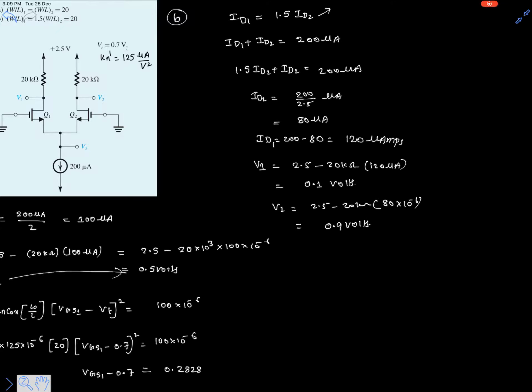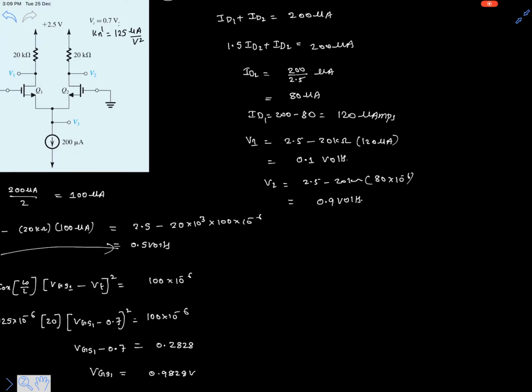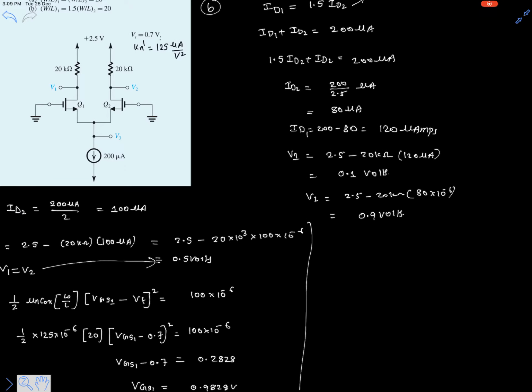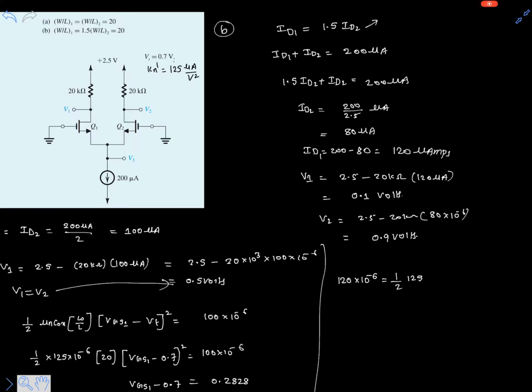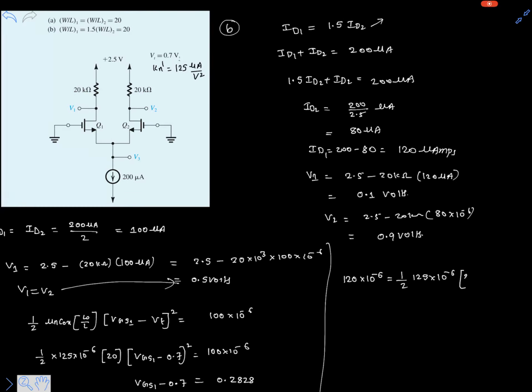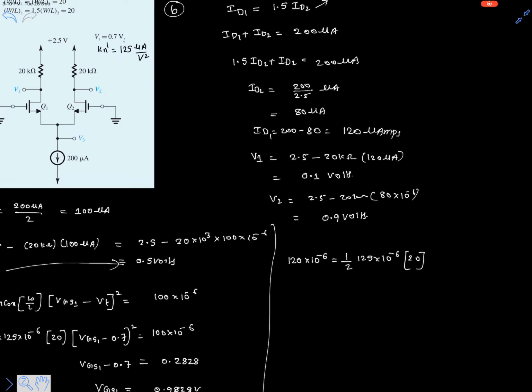Now we need to calculate V3 here. So let's write a current equation for transistor Q1, that is ID1. We know that 120 microamperes is equal to half mu n Cox, which is 125 times 10 to the power of minus 6, W over L ratio is 20 for transistor Q1, and VGS1 minus VT, 0.7, whole square.